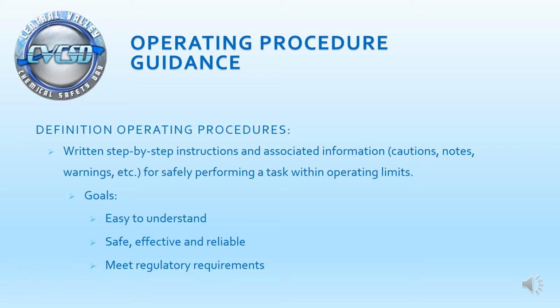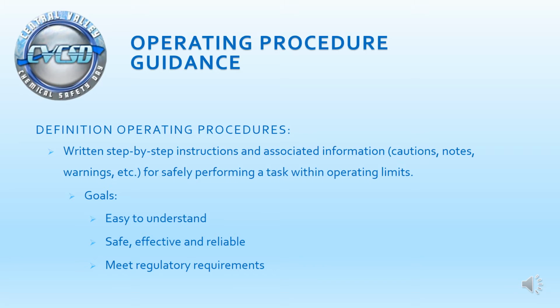So in operating procedure guidance, let's start with the definition of operating procedures. Written step-by-step instructions and associated information such as cautions, notes, warnings, etc., for safely performing a task within operating limits.